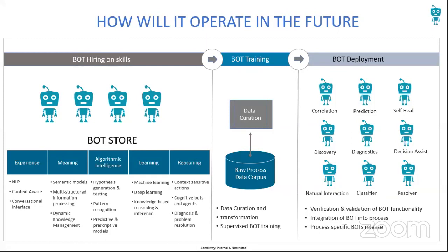Whatever is repetitive, and wherever thinking aspects are required, all of that is coming through an RPA process. So it is very easy for an enterprise to just go to the bot store, hire the bot, and deploy it in the enterprise with a good amount of data curation. So does it mean that all of us are going to lose our jobs and tomorrow we won't have anything to do?